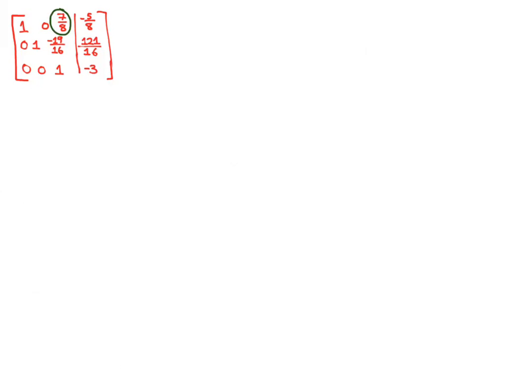So take that third row with that 1 right there, multiply it by negative 7/8, add it to the first row, and stick your answer in the first row. Now you might say, wait a minute, you're going to ruin my 1. And the answer is no, we're not, because we have a 0 there, so we're not going to ruin the first row's precious 1.